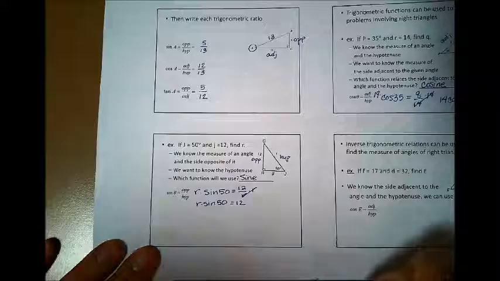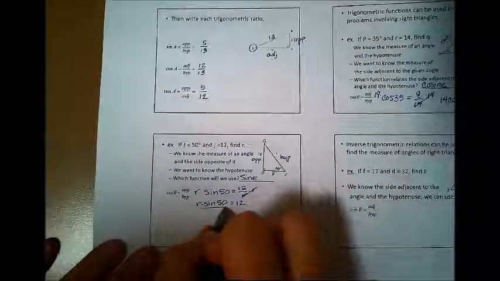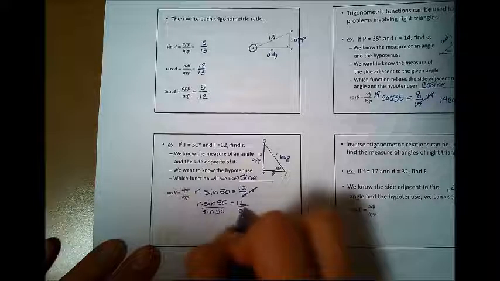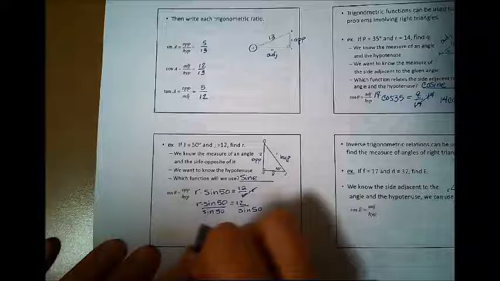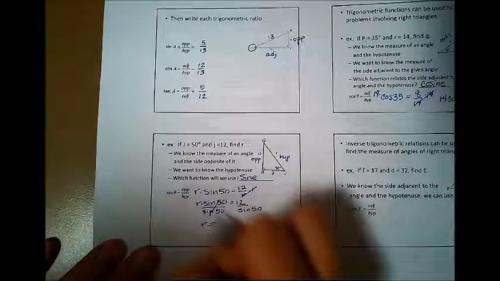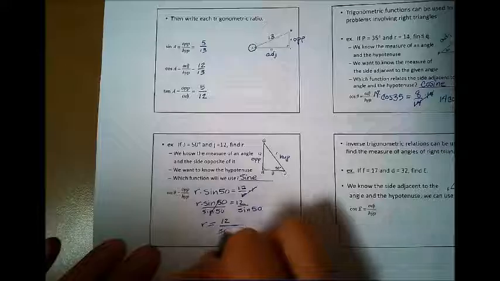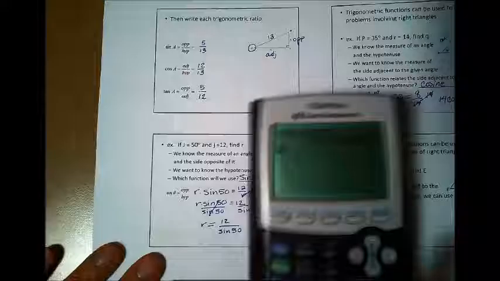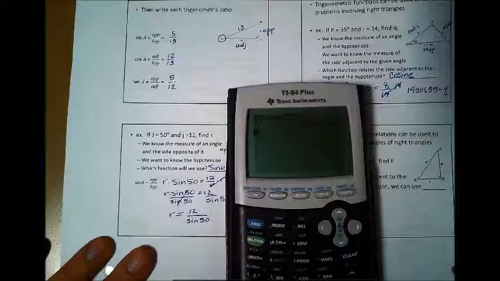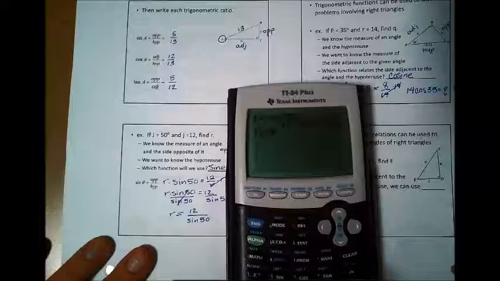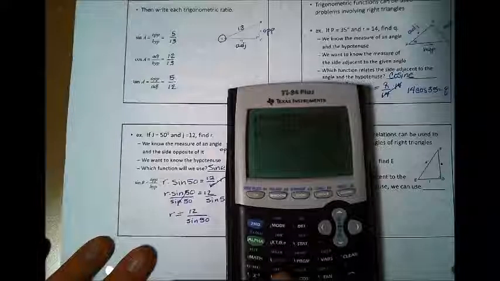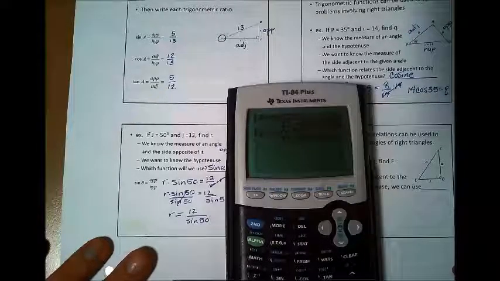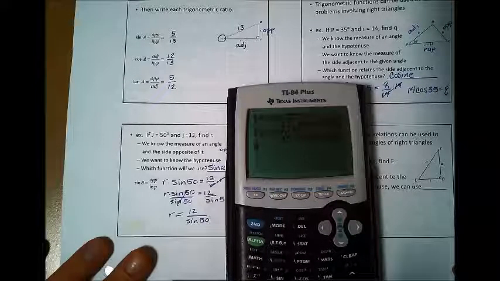But we want r all by itself, so we're going to divide by sine 50. And we say r equals 12 divided by sine 50. And right there, we hit that stopping point where we can say 12 divided by sine 50, and enter. If we round that to the nearest tenth, we're going to get 15.7.